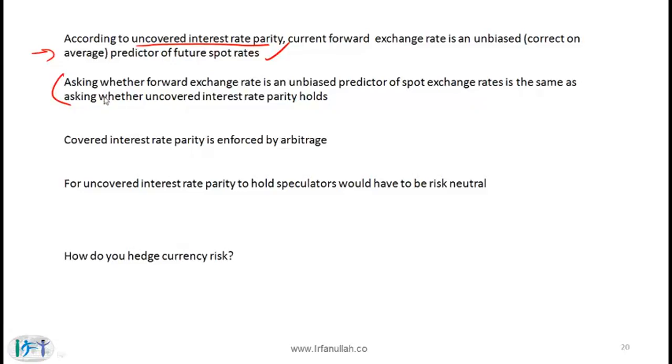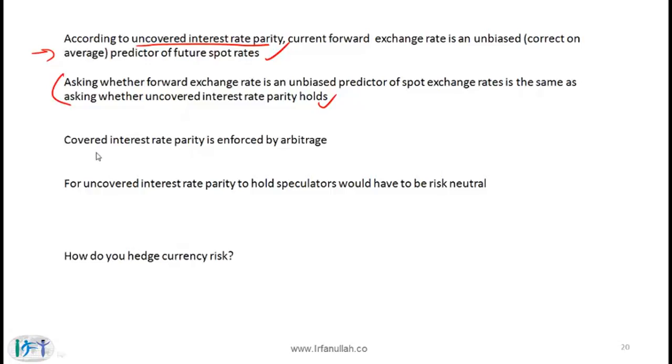So asking whether the forward exchange rate is an unbiased predictor of spot exchange rates is essentially the same as asking whether uncovered interest rate parity holds. So this is another useful statement to remember. Now, looking at the distinction between covered interest rate parity and uncovered interest rate parity.